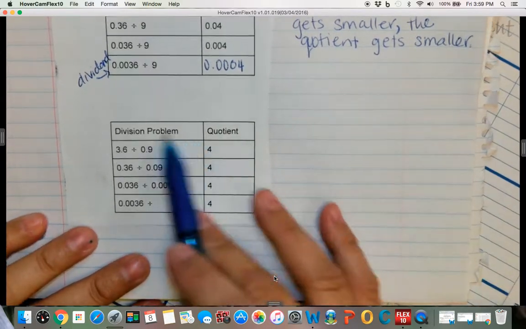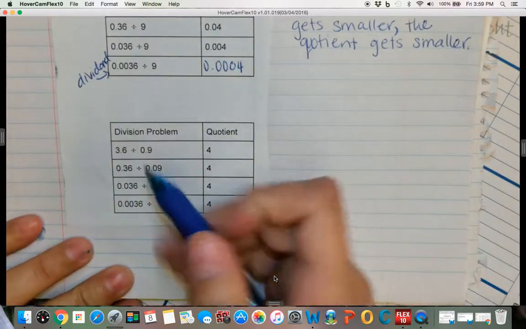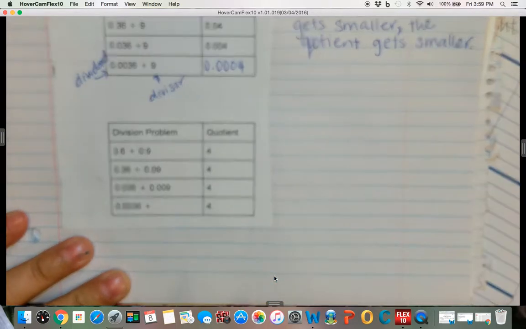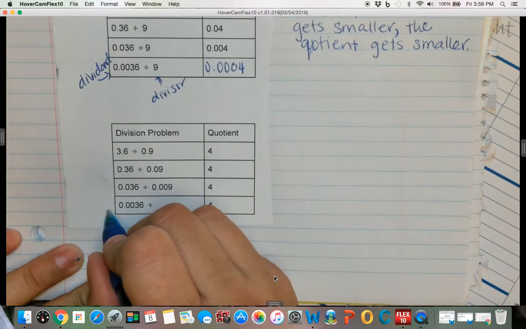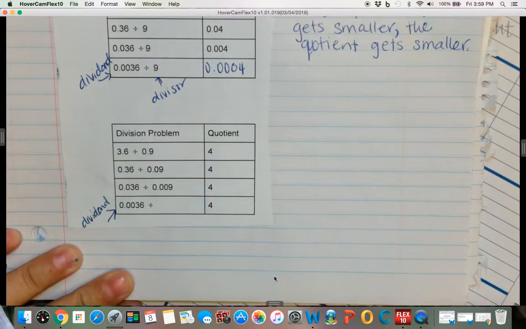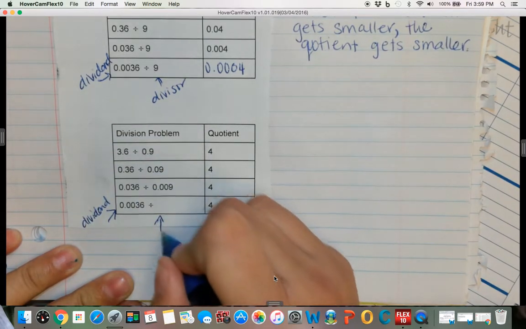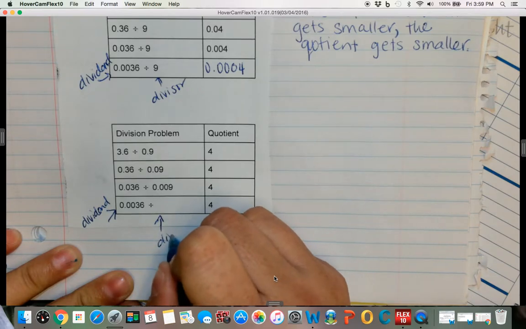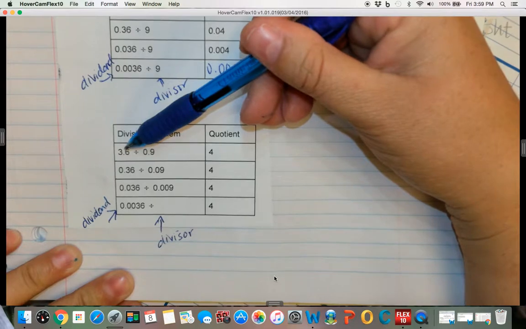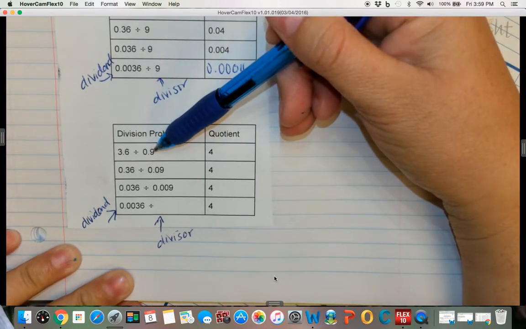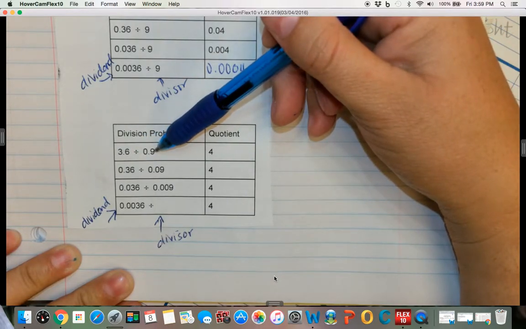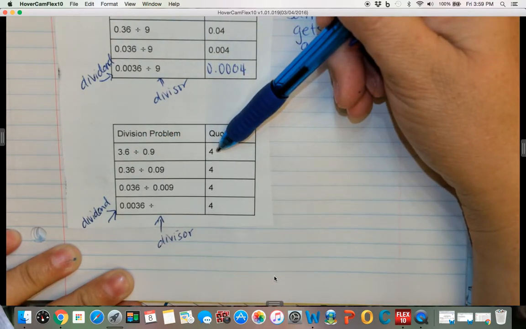Here's our next one, and it's completely filled out for us. So, let's see. Here are our dividends. Here is our divisor. And let's look at this pattern. I have a tenth divided by a tenth, and I get a whole.